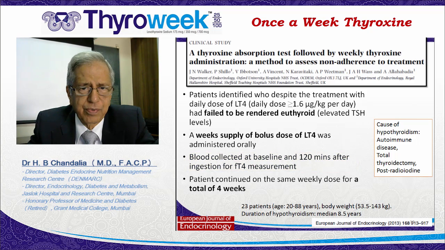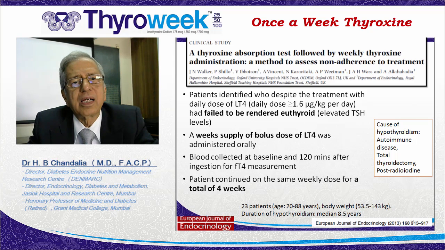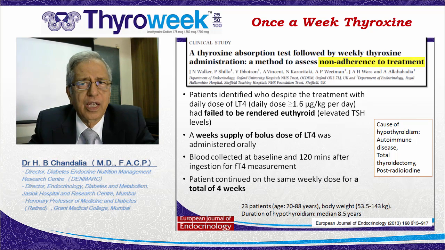So you can do what is called a thyroxine absorption test. And if you find that the absorption is quite normal, and in spite of that this person appears to continue being hypothyroid despite replacement, then the obvious reason is non-adherence to treatment.